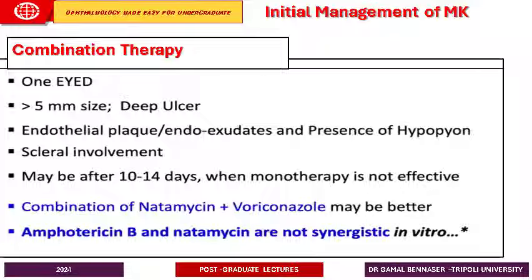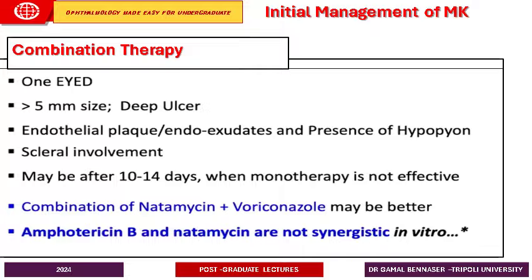Now, if the previous regime failed, if you have a single-eyed patient with an ulcer more than 5 millimeters with deep ulceration, endothelial plaque due to the oxidation and toxins, a hypopyon, or scleral involvement, and there is no improvement from the monotherapy till 2 weeks, at that time the combination therapy is advised.